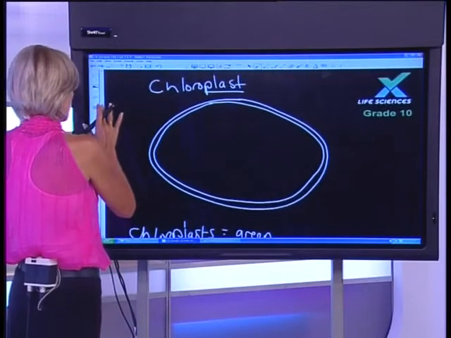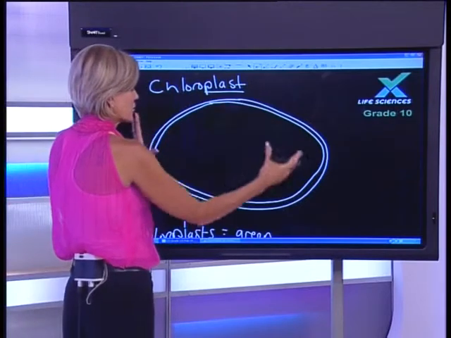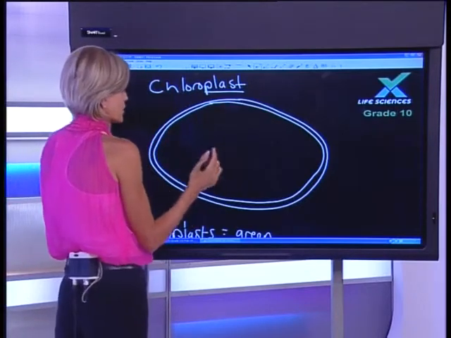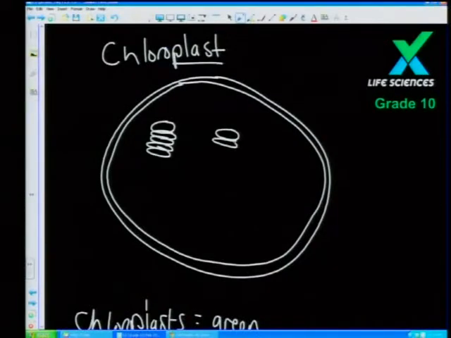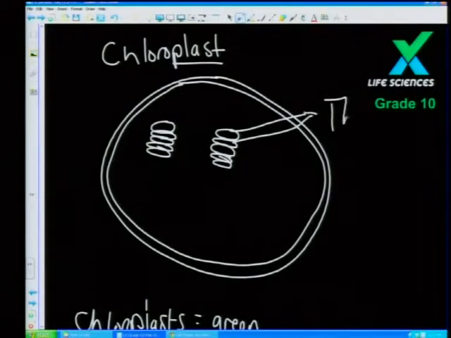Okay, so chloroplast. Now, this little structure, let's do the structure first and then its function. In here, we've got little layers of discs. Each little disc is called a thylakoid. Okay?